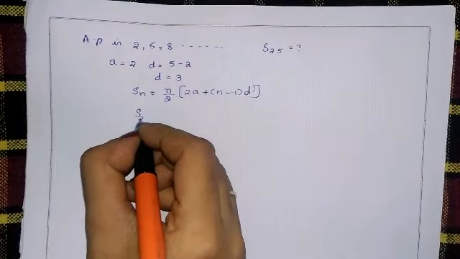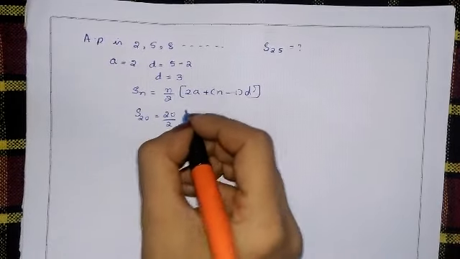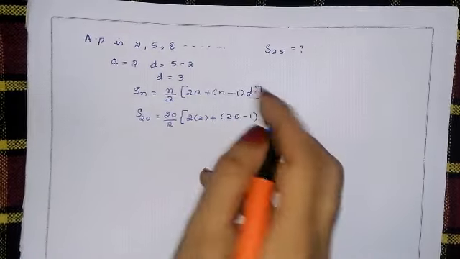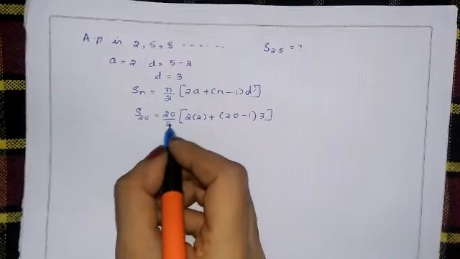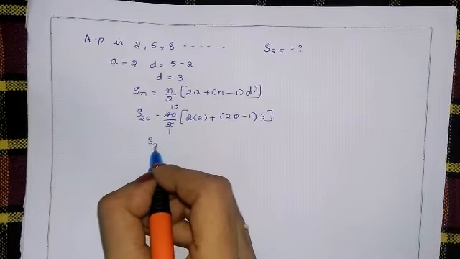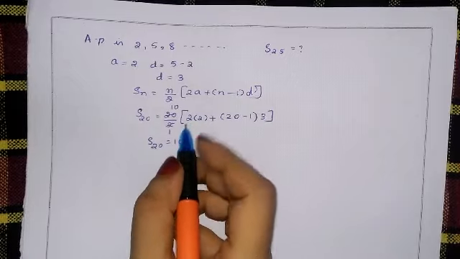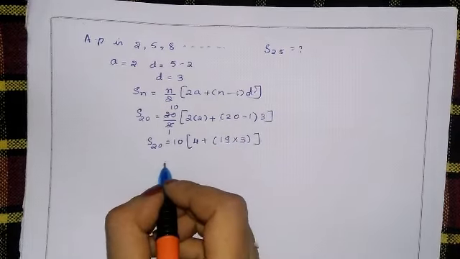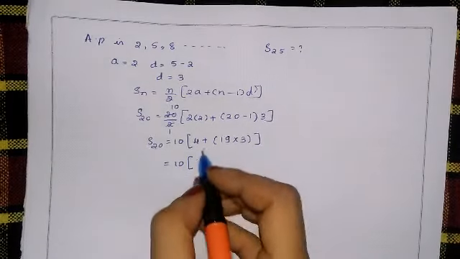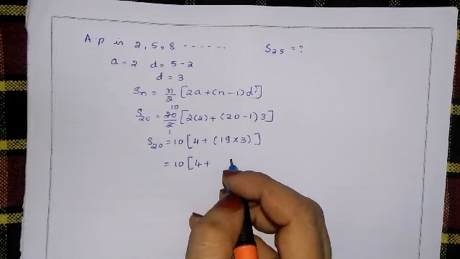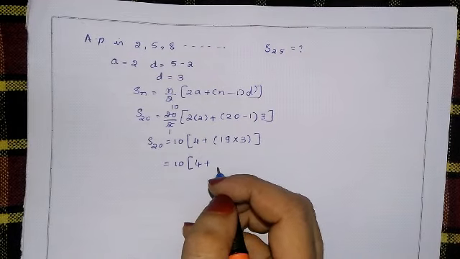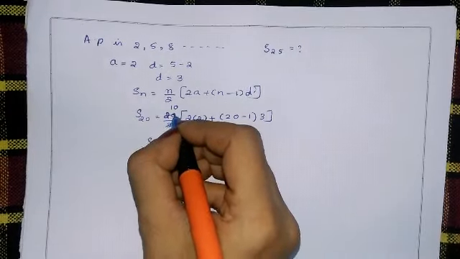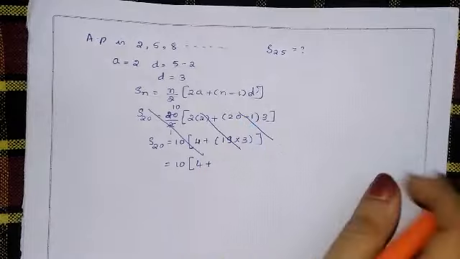So S20 is equal to 20 by 2 into 2a value, which is 2, plus 20 minus 1 into d value, 3. But they have asked for S25, and I was finding 20 terms. So let us solve properly for S25.